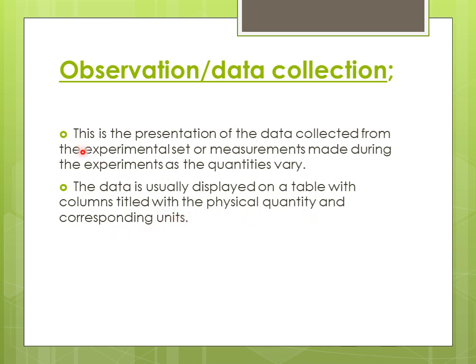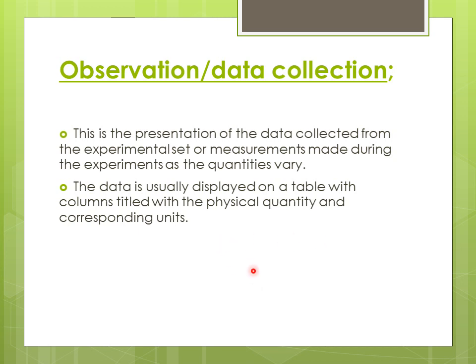What does this mean? Remember, observation is not only what you see, like a color change or increase in the volume or size of a quantity. When you are collecting data, the data that you collect falls under observation. This data should be displayed in table format with titles.